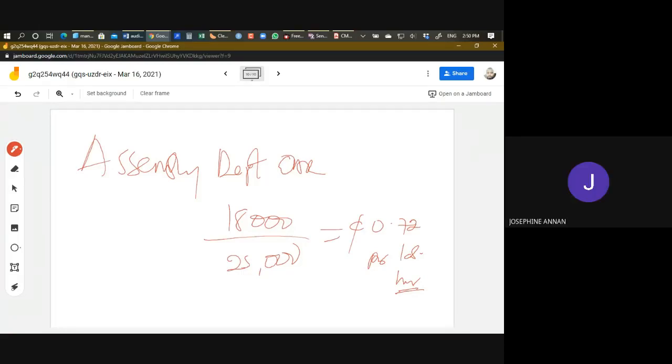It means that for every labor hour, you will be charged 0.72 Ghana cedis. So we are splitting the 18,000 overhead costs on an hourly basis at 0.72. If you multiply the 25,000 total labor hours by this rate, you will get the 18,000. That's the meaning. You have to understand this.